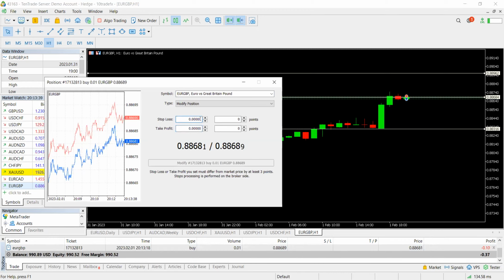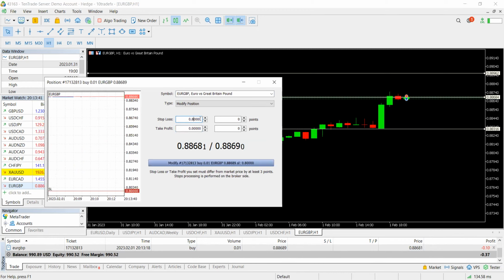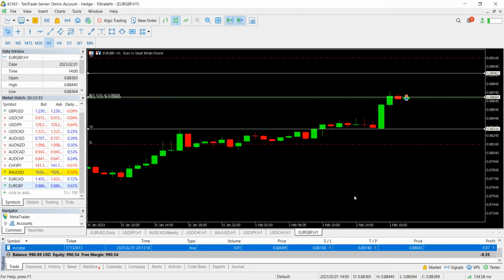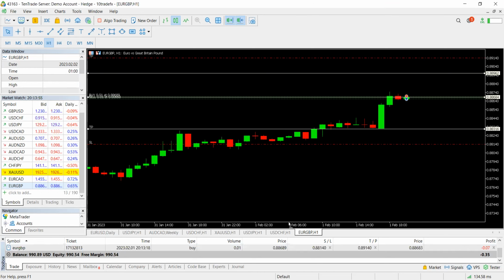Stop loss 0.88140, take profit 0.8940. Once you are done, click on modify. Good. So that is how you place a trade on the MetaTrader 5 platform. It's as simple as that.